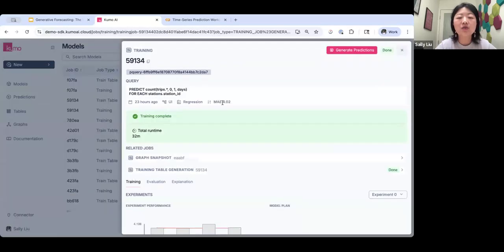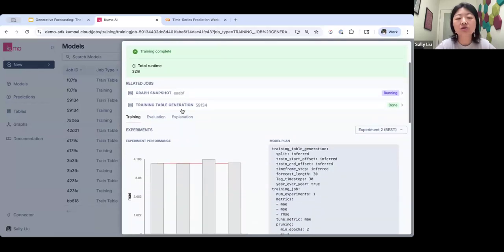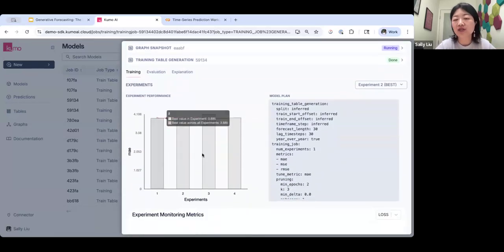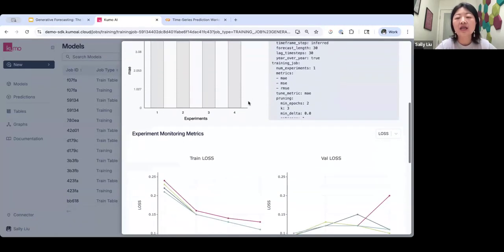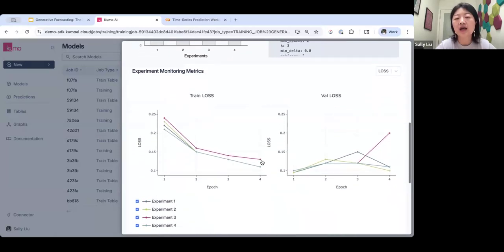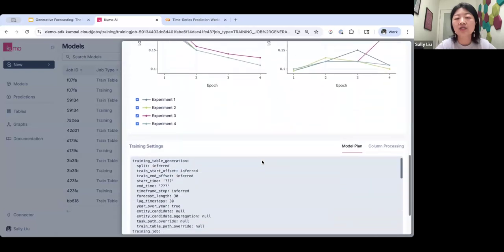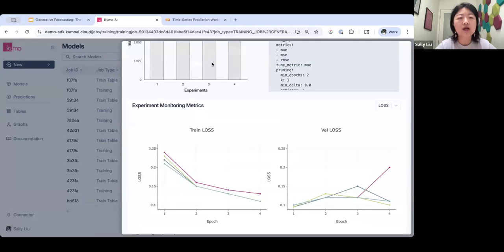What you can expect is that it takes half an hour to do the training, you have 4 different experiments here, and then you can pick the best model. You can also monitor the metrics here and see how well each different model is performing. So everything is super clear here.